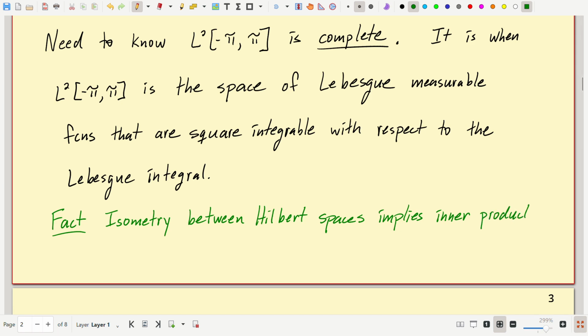And you actually did a homework problem that sort of did that.